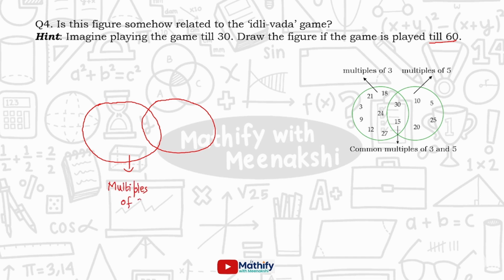On the other side you will write multiples of 5, and in between you will write common multiples of 3 and 5. That means multiples of 15, because you know the LCM of 3 and 5 is 15.